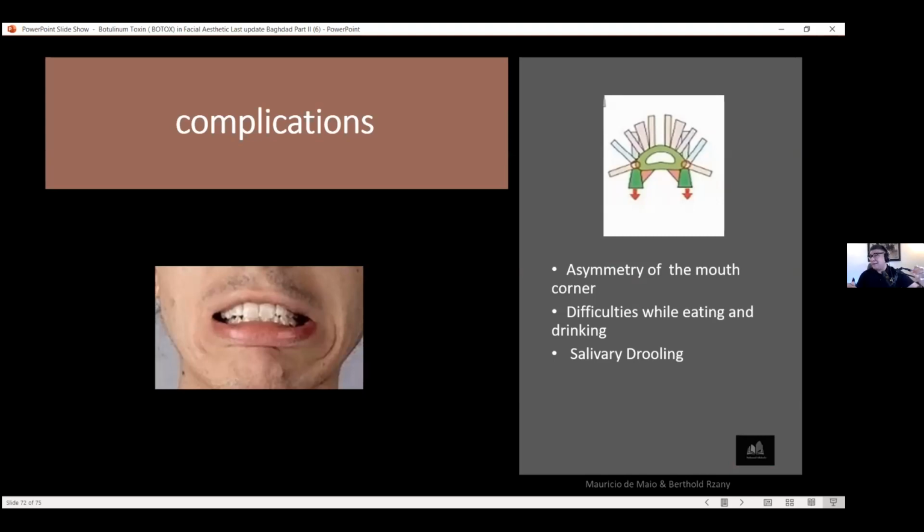Because if you go a little bit higher, for some reason the patient moves or your direction is actually incorrect, you're going to go a little bit higher to the modiolus or angle of the mouth. So there's asymmetry in the angle at both sides of your patient, which is actually still under control. Okay, don't hesitate. Ask your patient to come back. That's why we have another session.